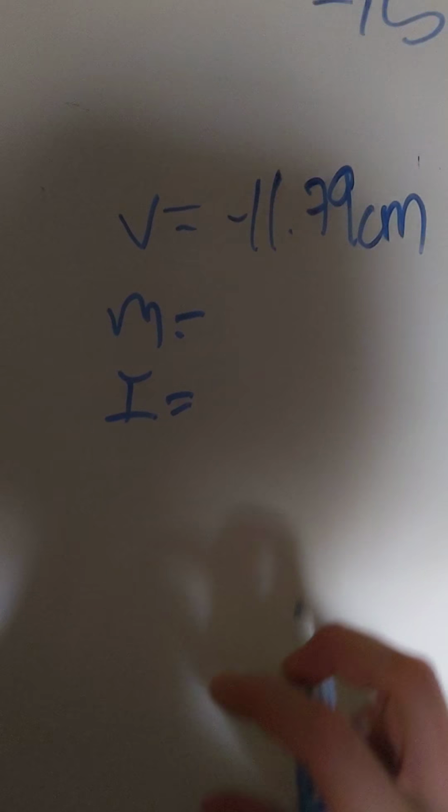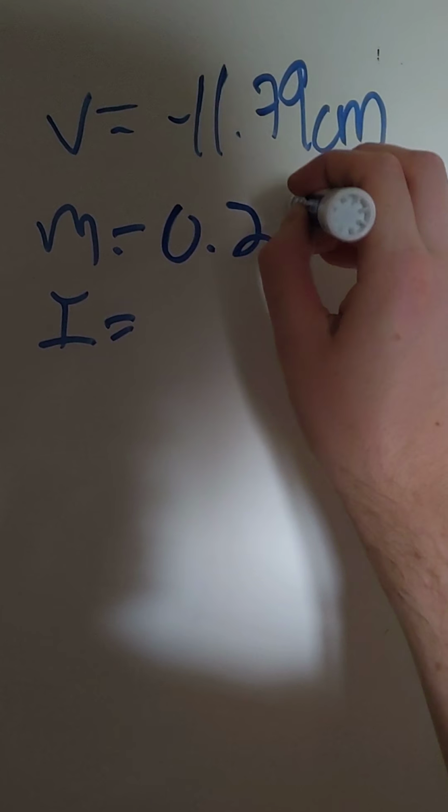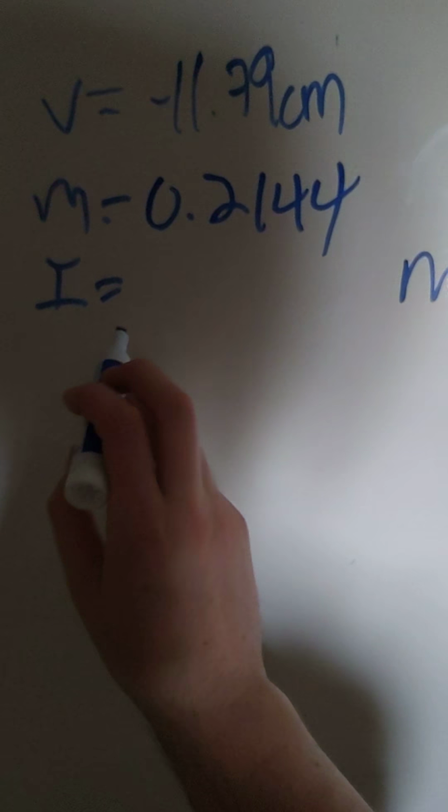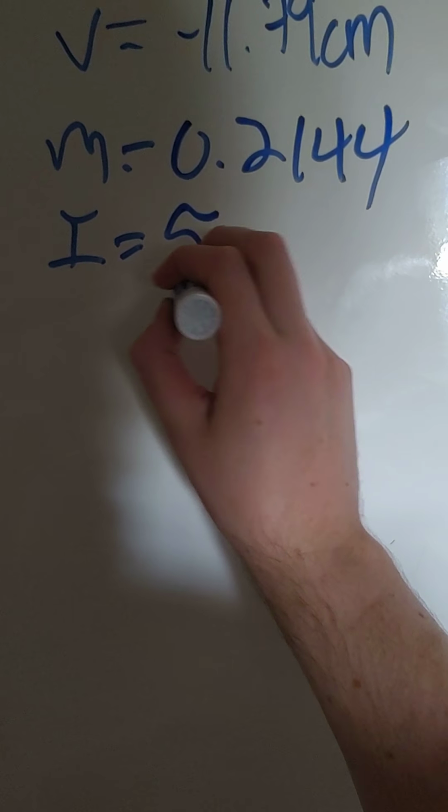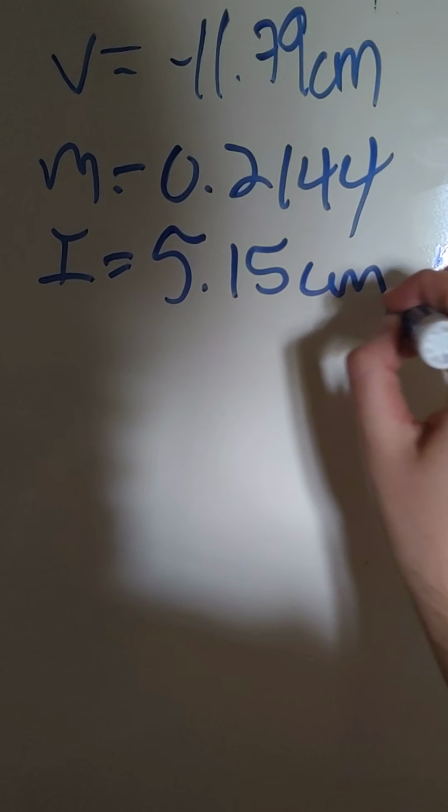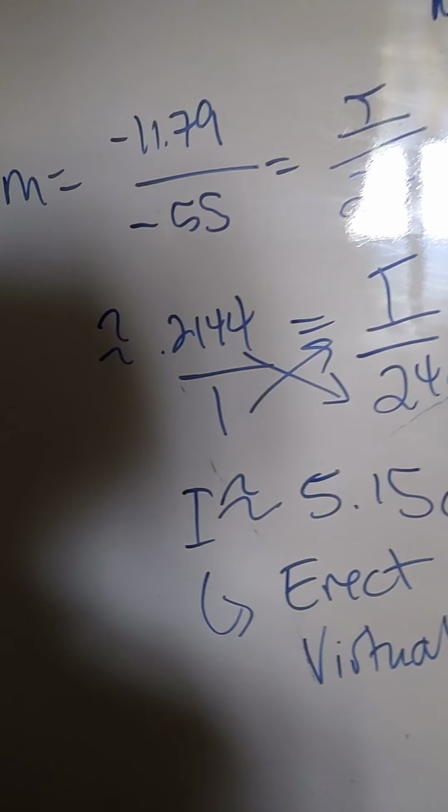So I guess we can fill in our information up here: 0.2144, and then image is about 5.15 centimeters. And then to finish our picture up top, where's the red? There's the red. I'm the most disorganized person that you can have. So here we are.